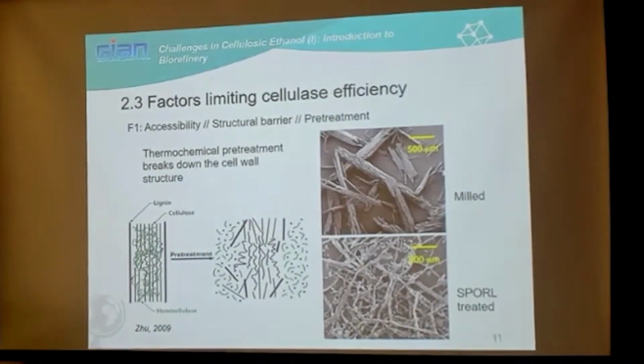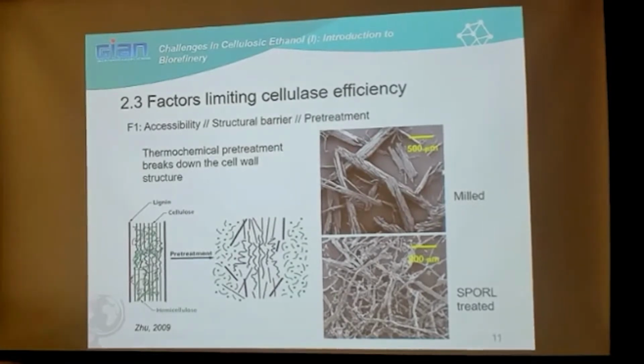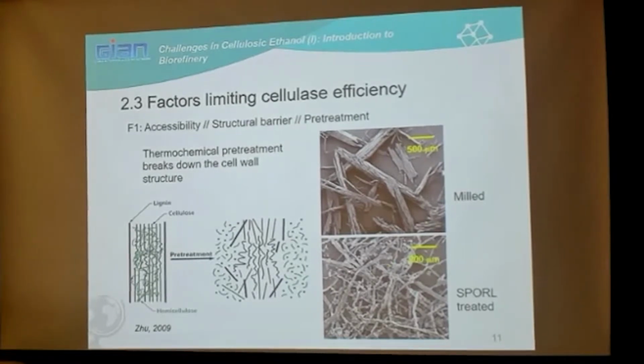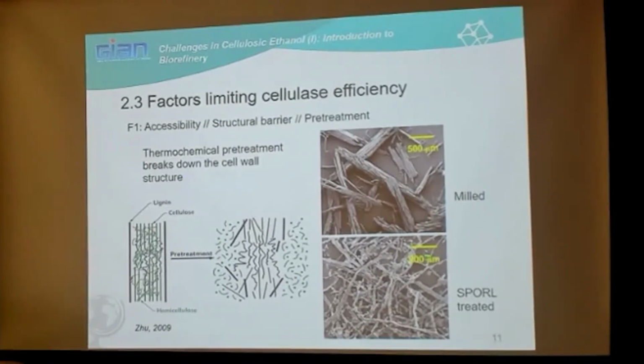After pretreatment, the size of the biomass will be decreased, and the cell wall structure will be partially destroyed. Then there are enough pores and force for the attack of the enzymes into the substrate.